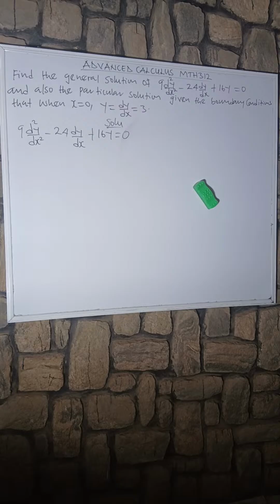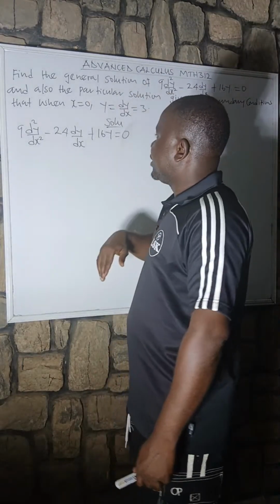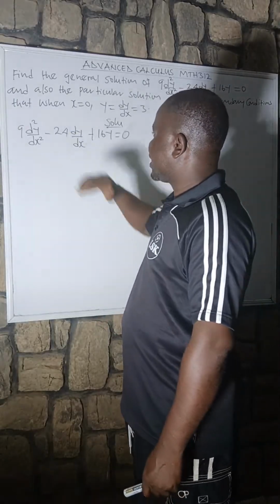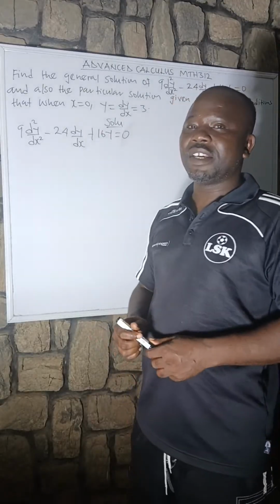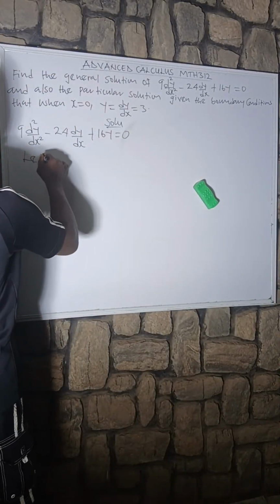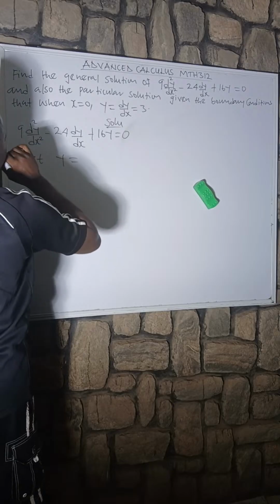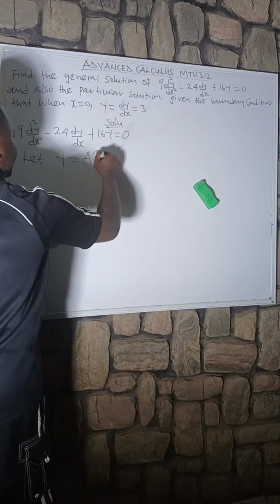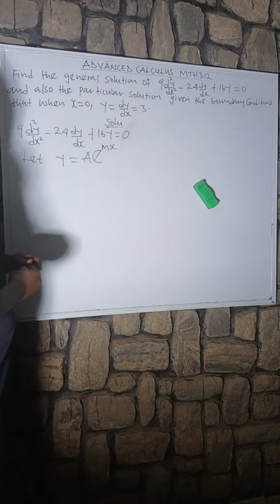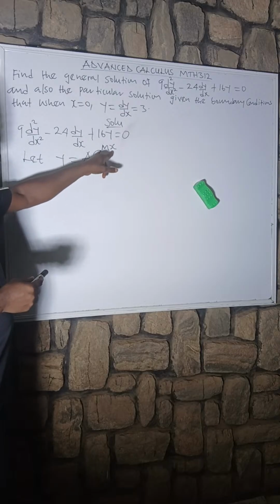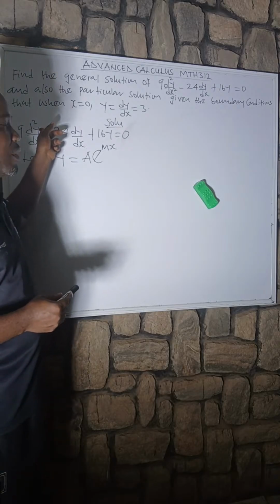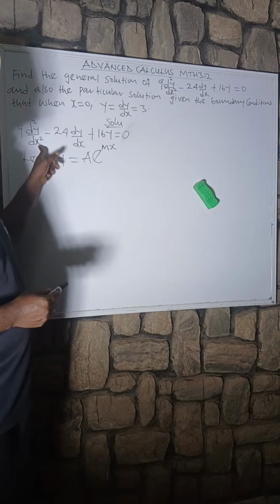So if you agree with me, let's look at it together. What will be the solution to this second order differential equation is you now let y be equal to a exponential mx. The reason why we are using y equals a exponential mx is that y is the dependent variable and x is the independent variable.